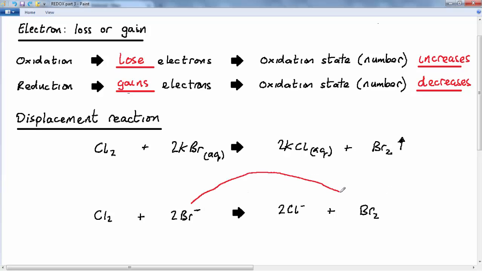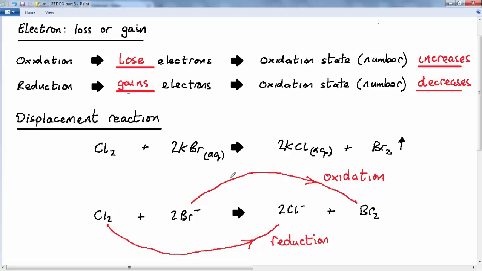So we can say that here oxidation is taking place, while in the case of the chlorine gas, the chlorine is gaining an electron to form chloride ion, so it is being reduced, and so reduction is taking place here. The bromide ion is being oxidized and the chlorine gas is being reduced.